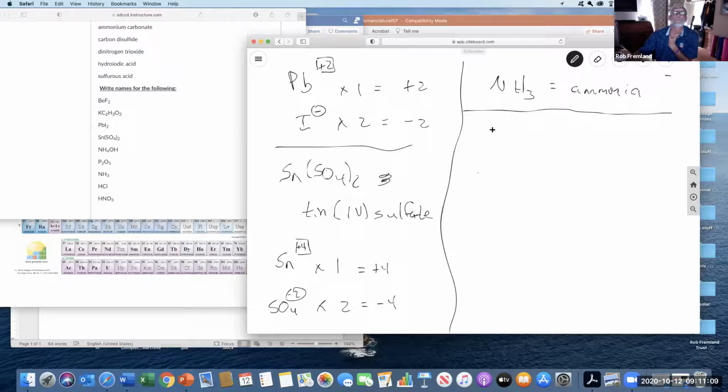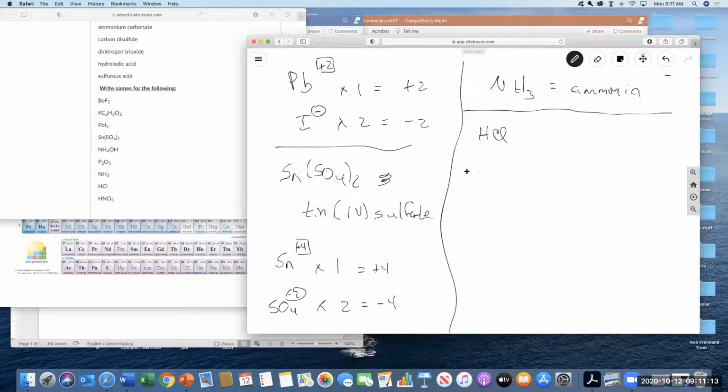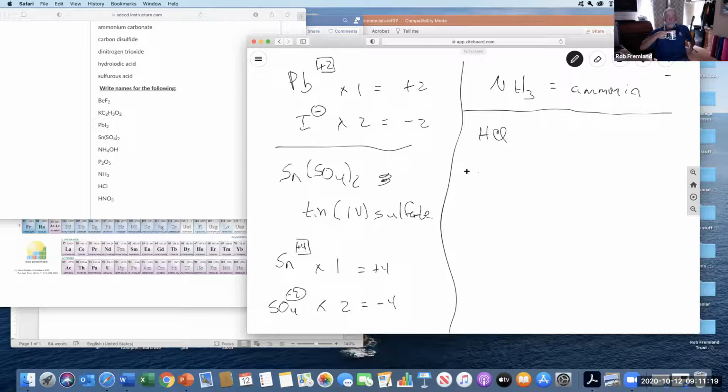All right, and then the last 2 are HCl. Professor, on the polyatomic ions, it says ammonium is NH4. That's ammonium, so don't confuse it. Let me address your question. Ammonia, ending in A, versus ammonium, which is NH4 with a plus charge.